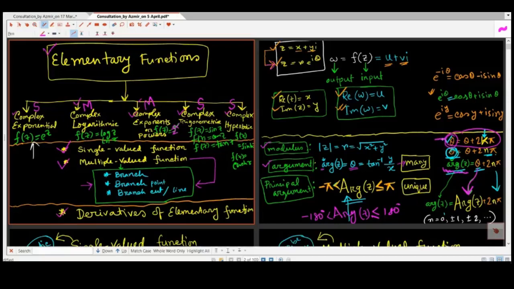So besides this one, we have to know this notation. We also know that if we have z equals x plus yi, then this x is called the real part of z, this y is called the imaginary part of z. We also know any function f of z can be written as w equals f of z, which is equal to u plus vi. So here z is the input, w is the output.